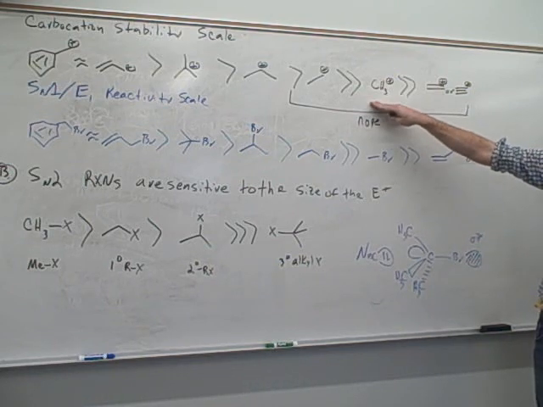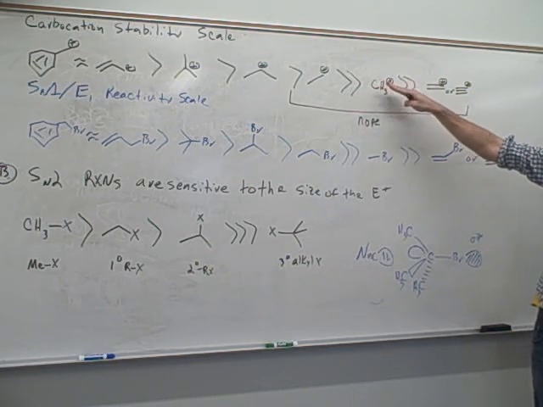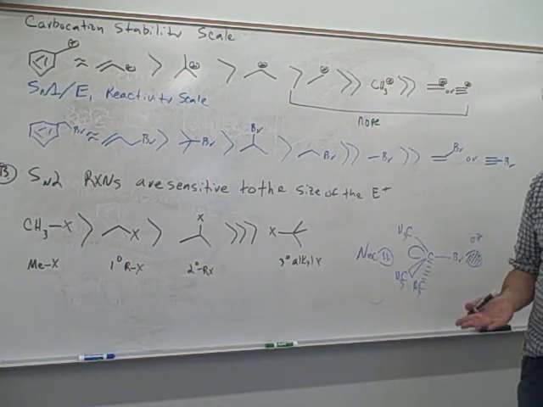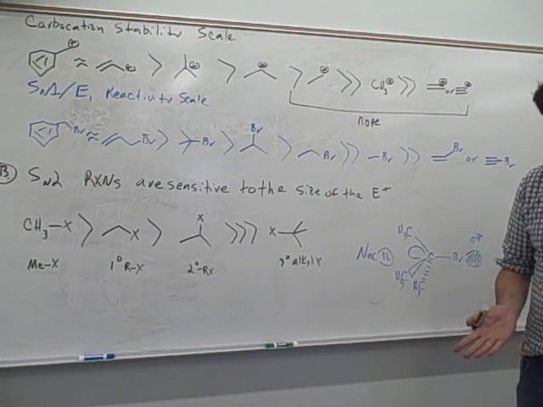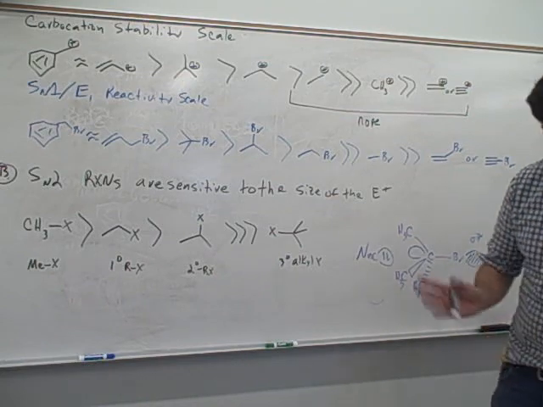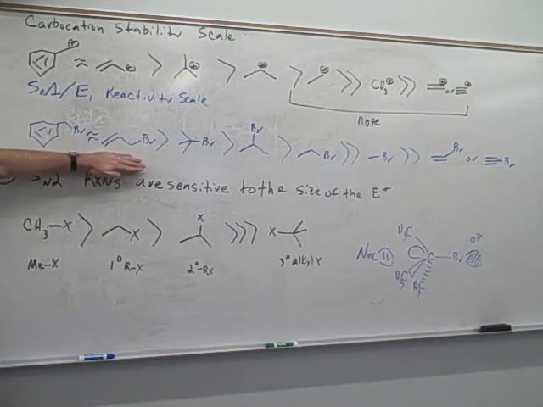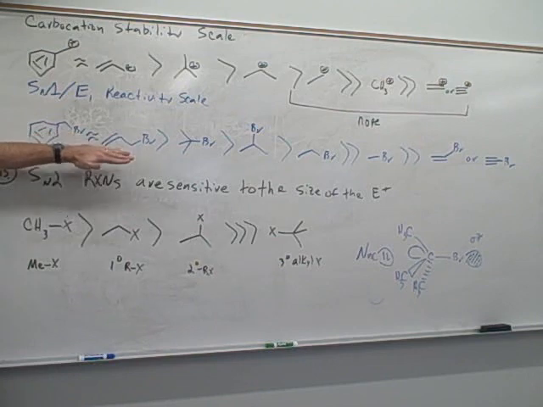And so the cool thing about this is because you understand the stability of carbocations, you now, by extension, understand the ability of species to undergo an SN1 or E1 reaction. So for example, benzylic or allylic halides, I've just added bromine here because I like bromine, are going to be the most reactive in an SN1-E1 reaction because they form the most stable carbocations.